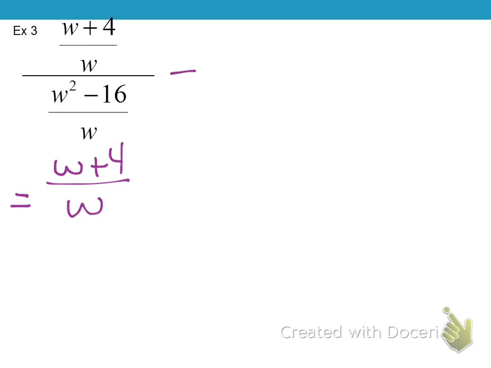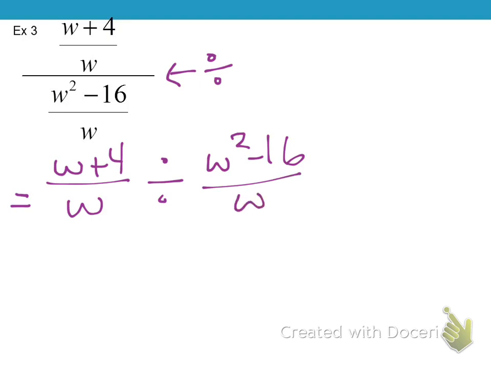Yes, this is going to turn into a division sign. All right. Can we do anything with anything? Yes. What can we do? w squared minus 16. Is what? Yes, that's a difference of squares.